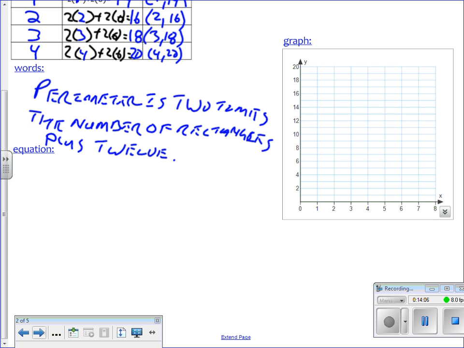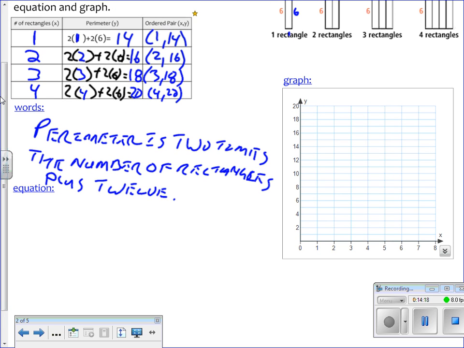Now, to write it as an equation, because making an equation makes it work easier. If you look at the table, the perimeter is y.